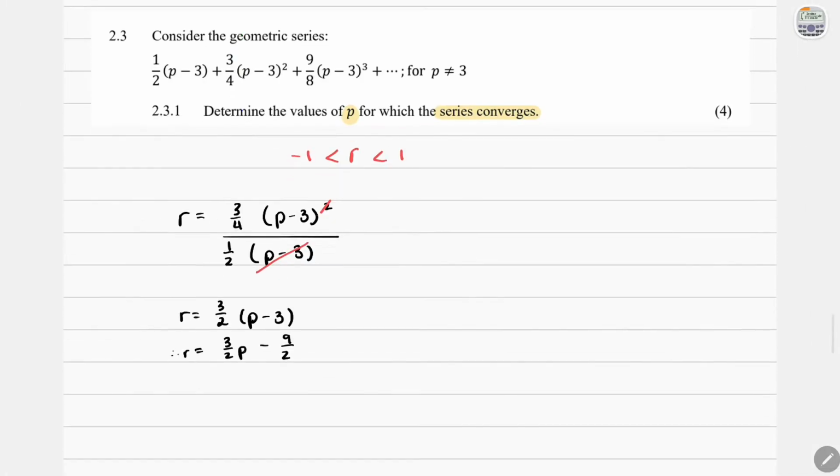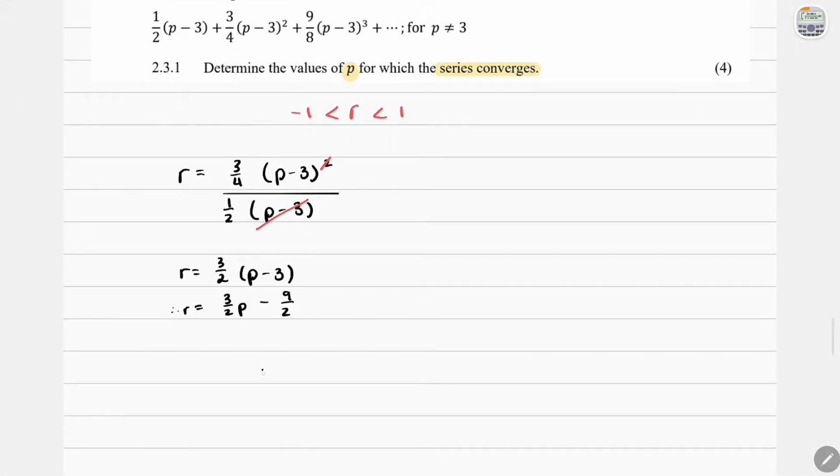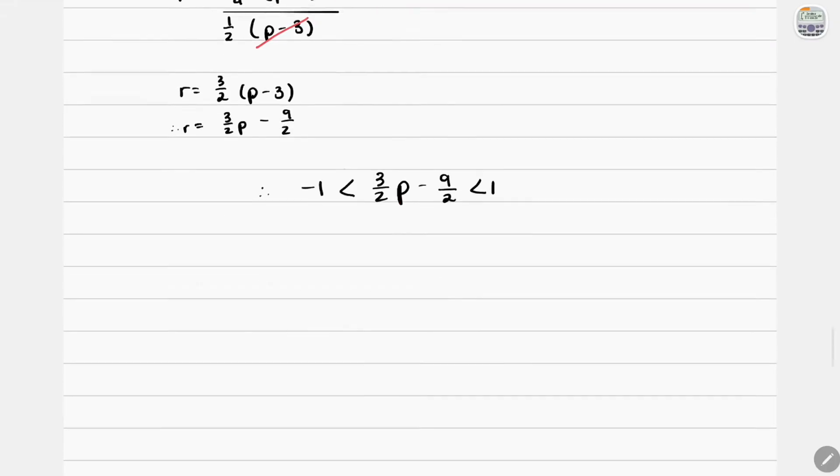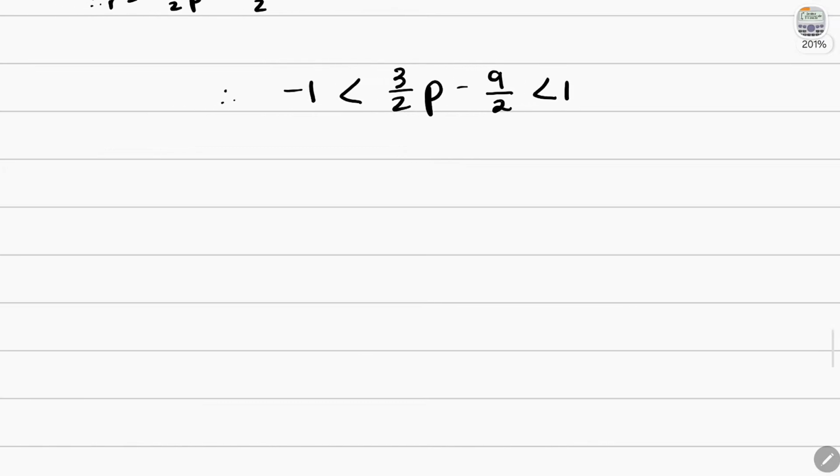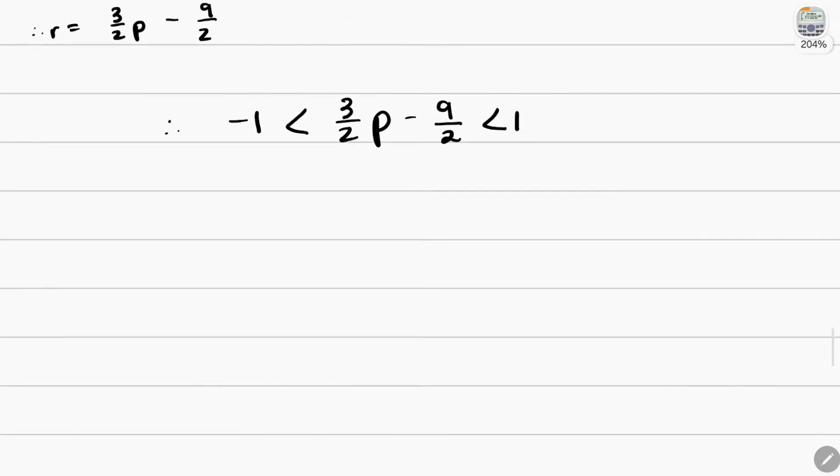The values of p for which the series converges is where our ratio, which is 3 over 2 p minus 9 over 2, is greater than -1 but less than 1. Let's just solve for this inequality. In order to solve for p, we first need to get rid of this -9 over 2.